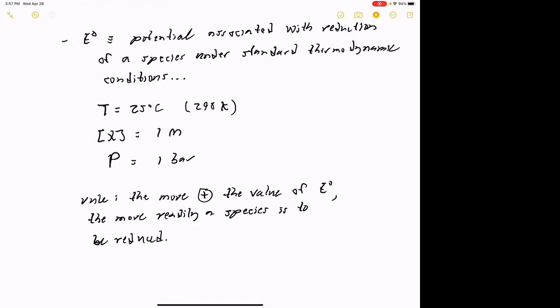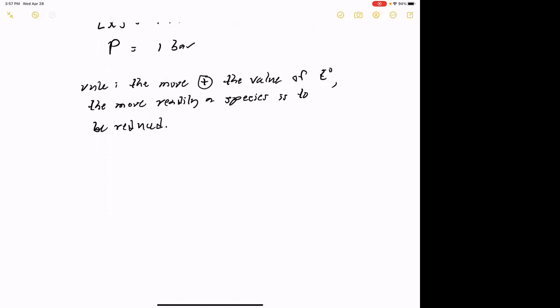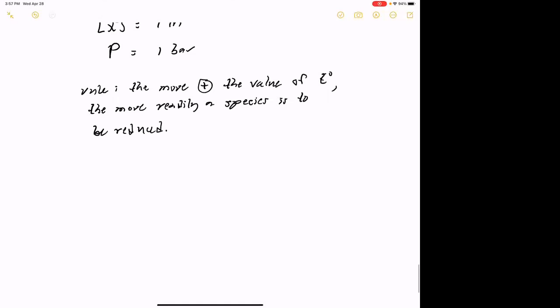All right. So, for example, we can find these E0s in tables. And usually what we'll have there is an E0 value that goes with a half reaction. Okay, so in tables. I'll show you some of these in just a minute.